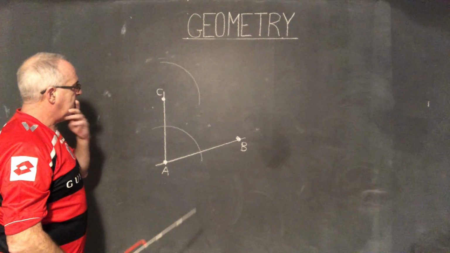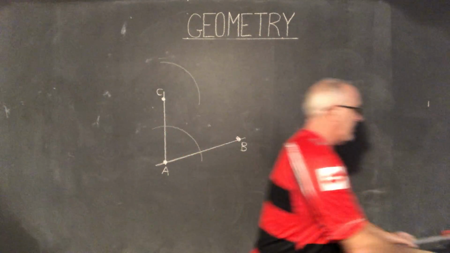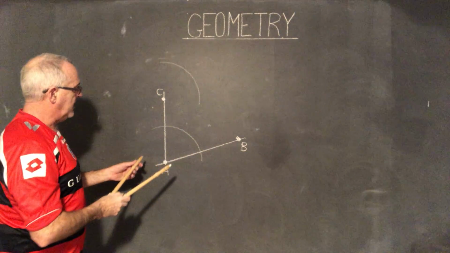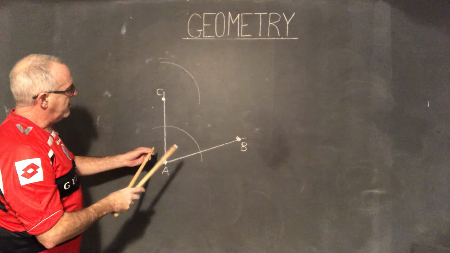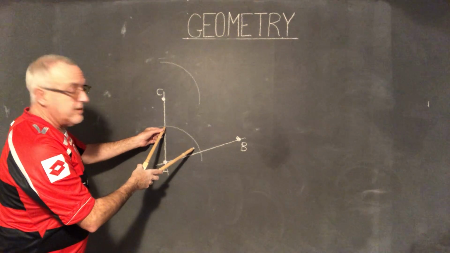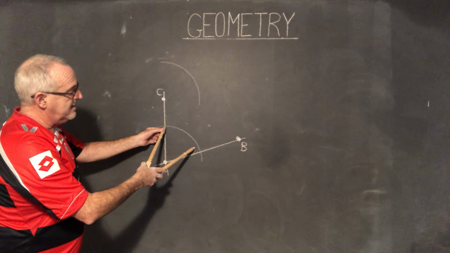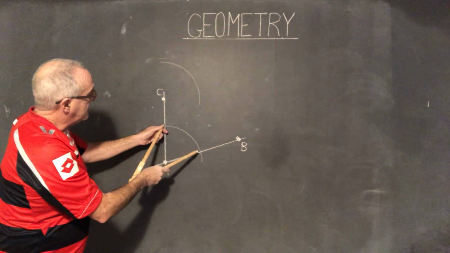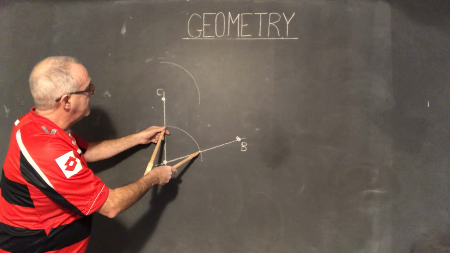Okay, now what do? I get my compass again. Kind of back and forth between the ruler and the compass with some of these techniques. And what I'm doing is I'm measuring this. And again, this is a good example because you can see this is not exactly the same distance. I have to make this bigger to make it measure with my compass.